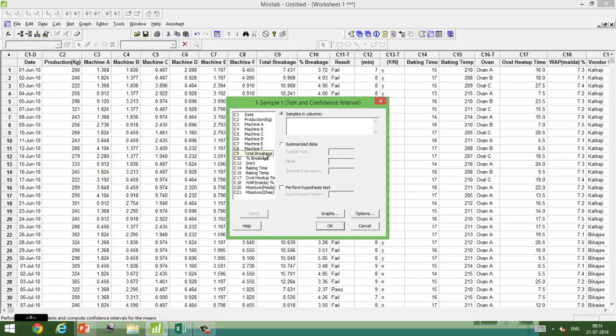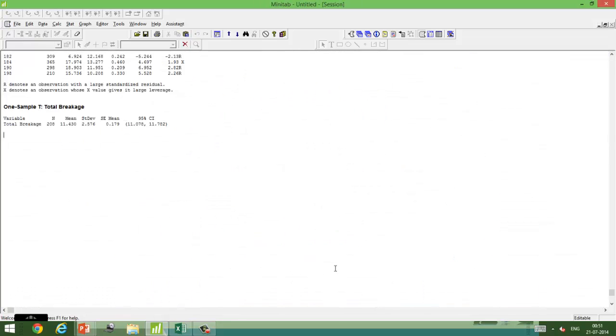If I were to just pick up data first, let's say total breakage, and I were not to give it a target, then if I simply say OK, you would see that it publishes for me the confidence interval of the population mean. Having looked at the data, I can see that the population mean of breakage will vary from 11.07 to 11.78, which may be used for several purposes.